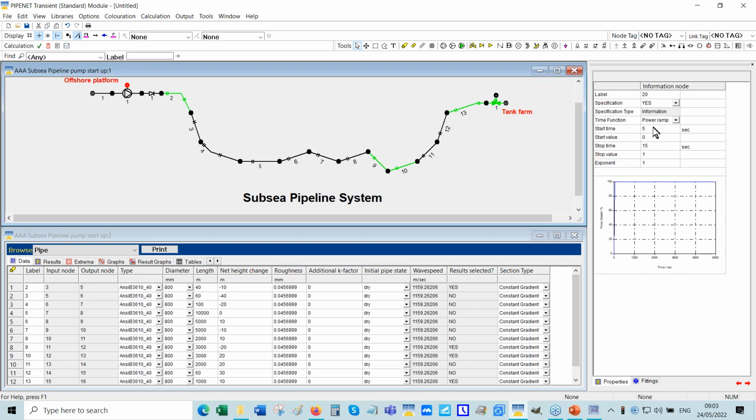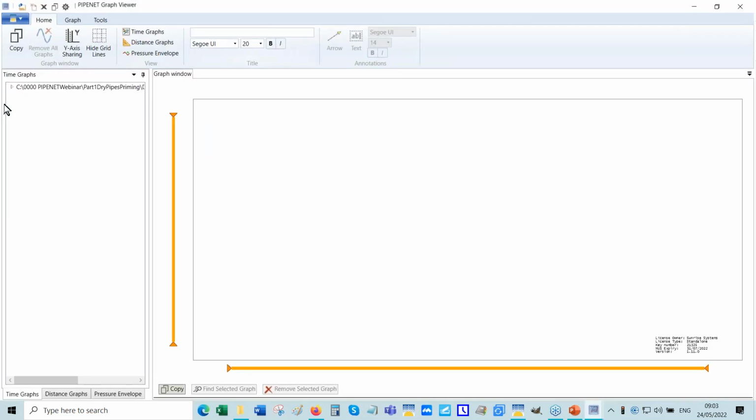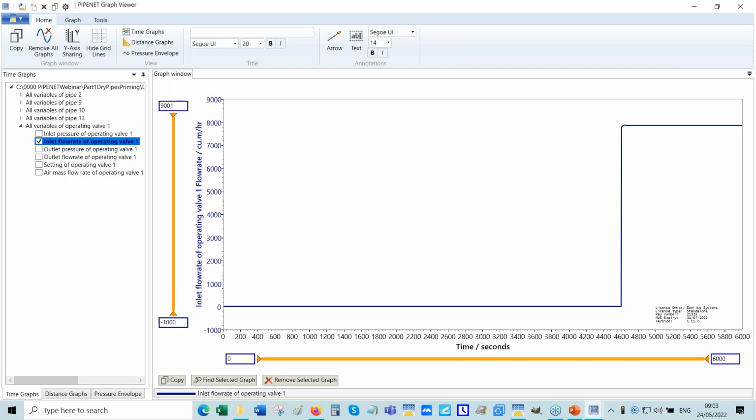We can see that the pump starts at 5 seconds. Valve 1 and the flow rate. See, that's happening at approximately 4,603 seconds. So I'm making a note of that. See, quite long.